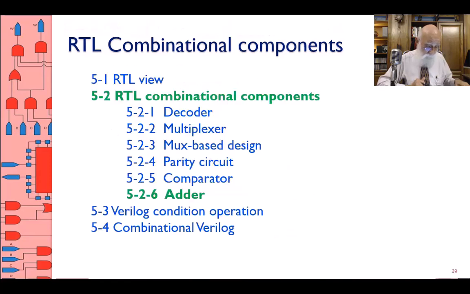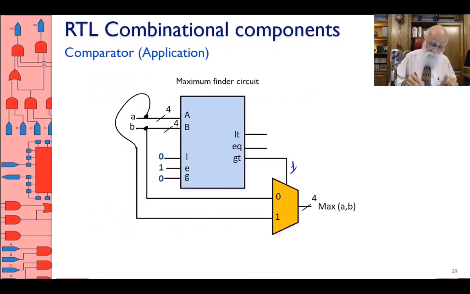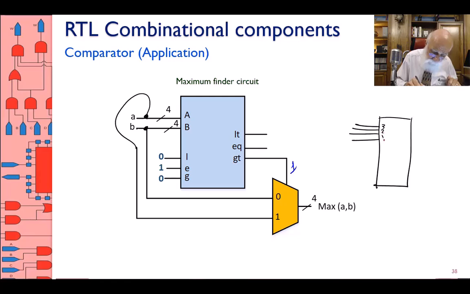I'm going to show you something else before I leave. If you have a 16-bit comparator or 4-bit comparator, whatever size comparator you have, these are all magnitude comparators. 1, 2, 3, 4, let's say, 3, 2, 1, 0, 3, 2, 1, 0. And let's say we are talking about this last comparator here.